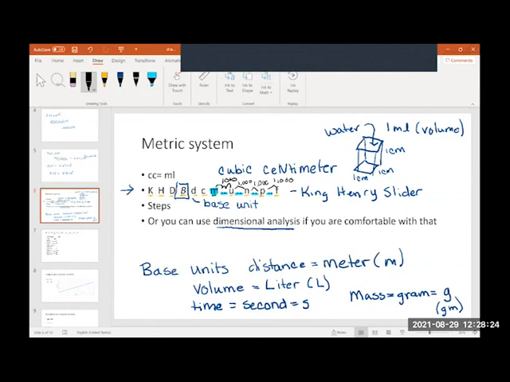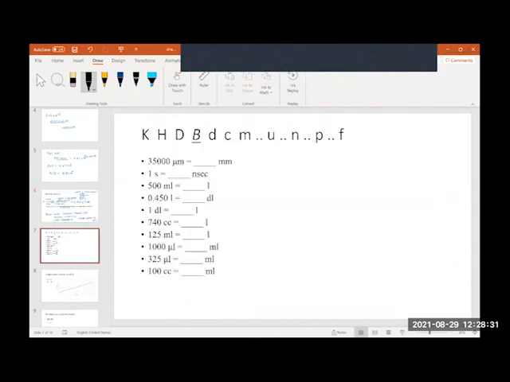What do I mean by that? How do we use this King Henry slider? Well, let's work some problems. Here's our King Henry slider. Let's work on this very first problem right here. We need to go from 35,000 micrometers to millimeters. First step, I'm going to go through the steps.